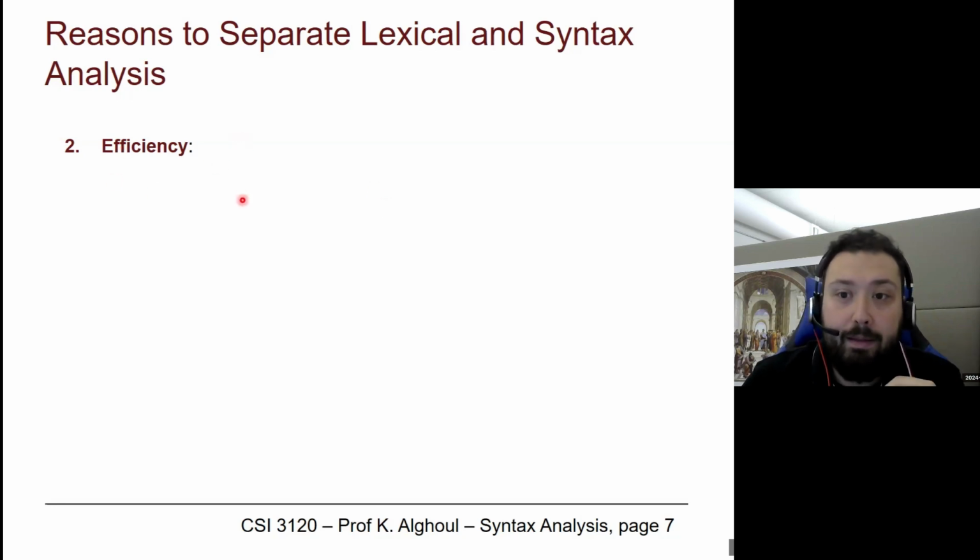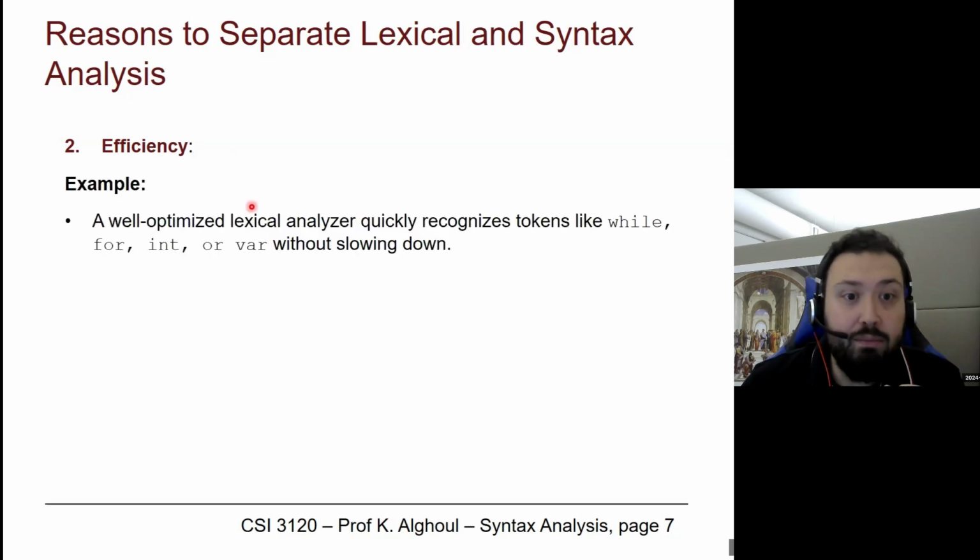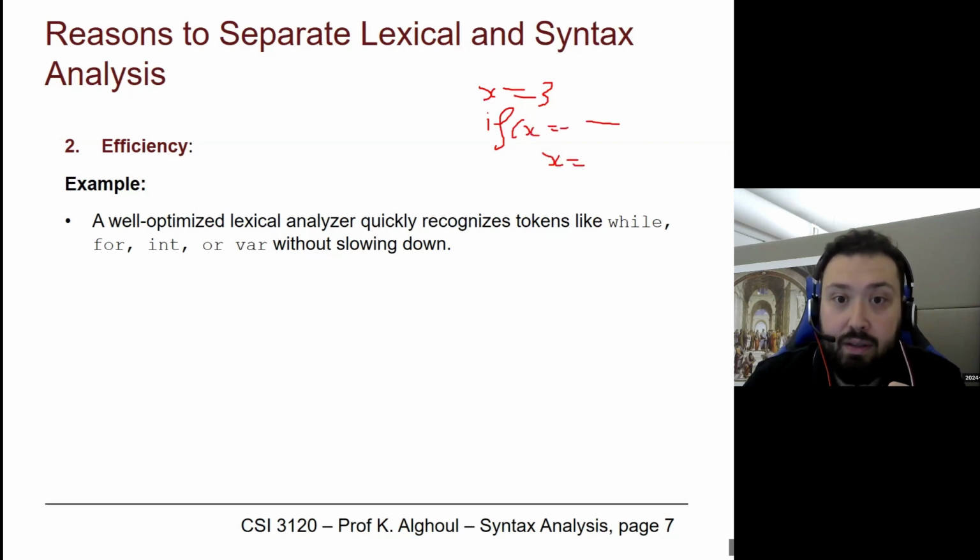But what about the lexical analysis role? For example, a well-optimized lexical analyzer quickly recognizes tokens like while or end or var without slowing down. But why do we need it to be optimized? Because think about it, if you have a chunk of code that has x equal 3, and then an if that has x equal whatever, and inside it x equal x plus 2.